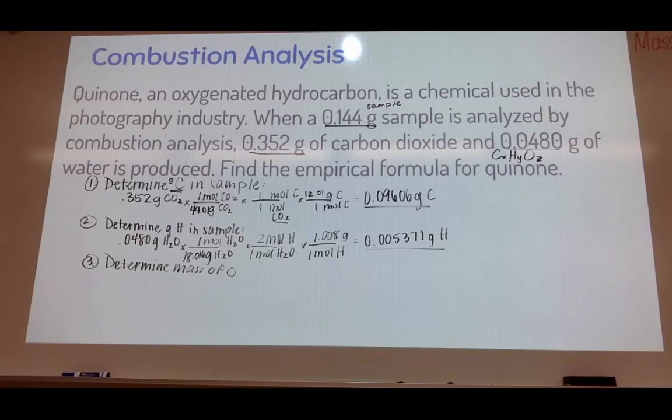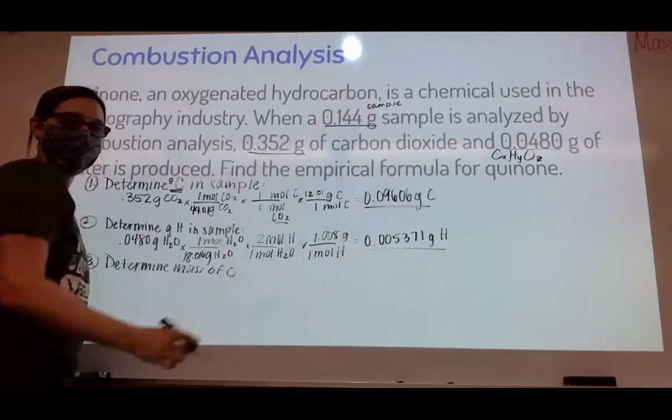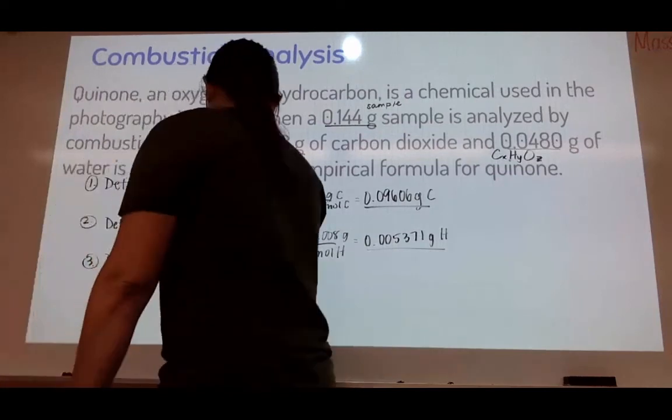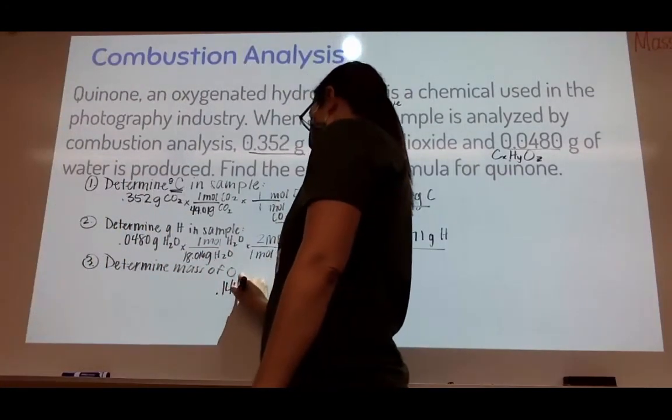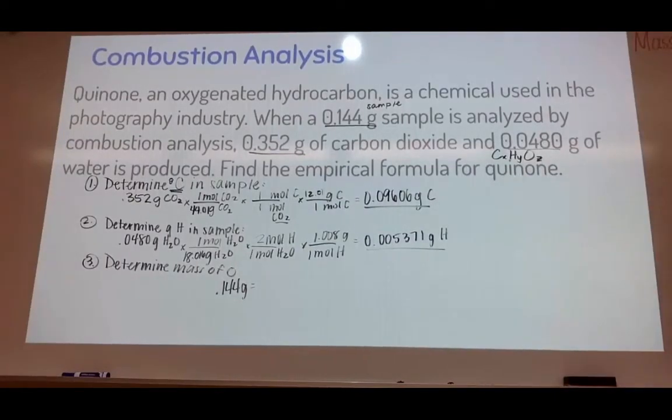That's going to be way too much. Here's what you can do. Here's the total sample. 0.144 grams is the total sample. Well, the total sample consists of C and H and O.